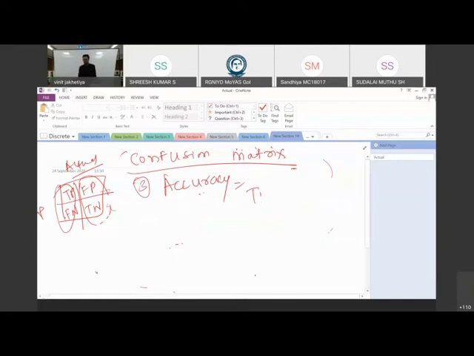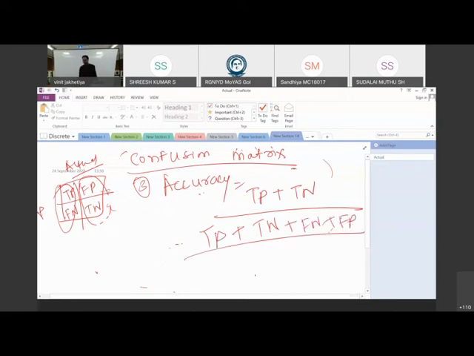That means true positive plus true negative divided by the true positive plus true negative plus false negative plus false positive, right? If somebody says my model accuracy is 70%, that means out of 100 data, you are able to classify 70 data in the correct class. That is the meaning, right?